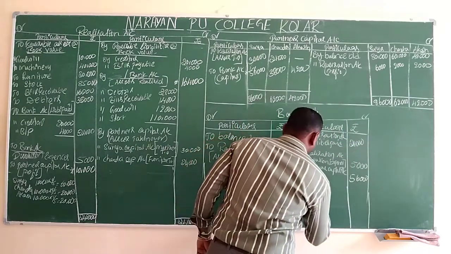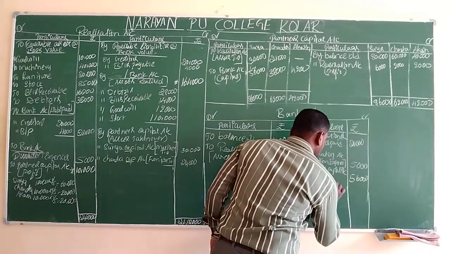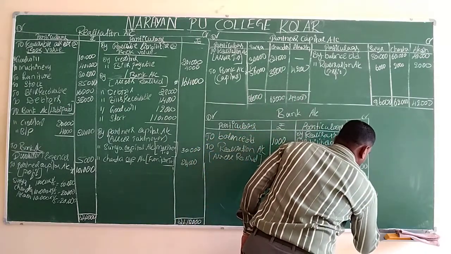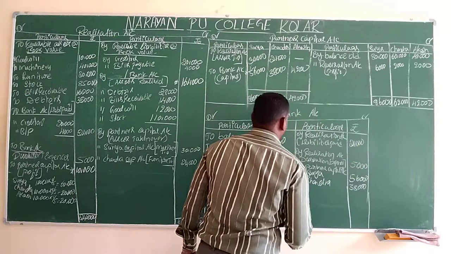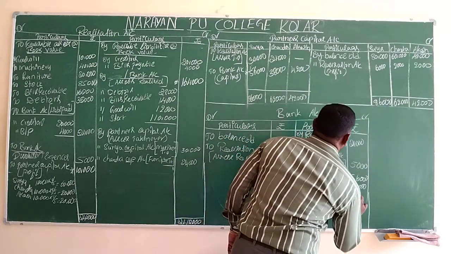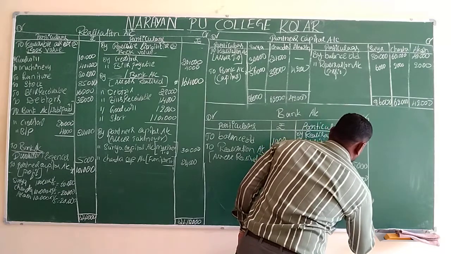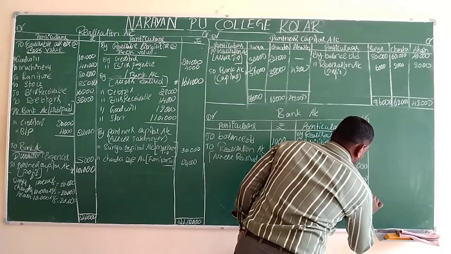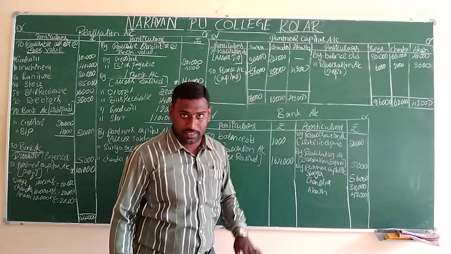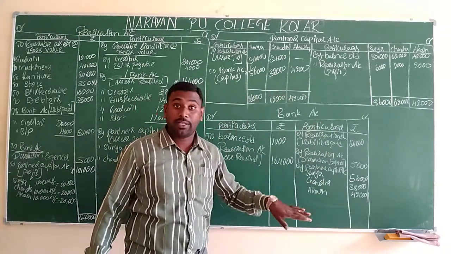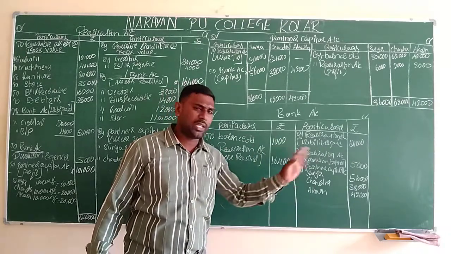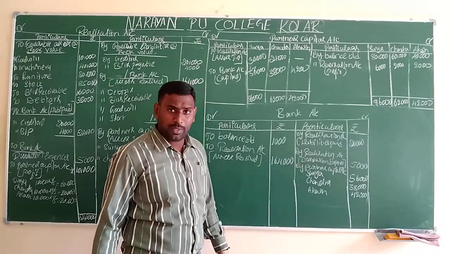Second partner Chandra, we have to pay this one also, 38,000 to Chandra. And finally Akash, we have to pay 42,000 for Akash. Apart from this, no other payments, no other liabilities that we are liable to pay. There is no bank loan, there are no other expenses, and all the payments we have to make.